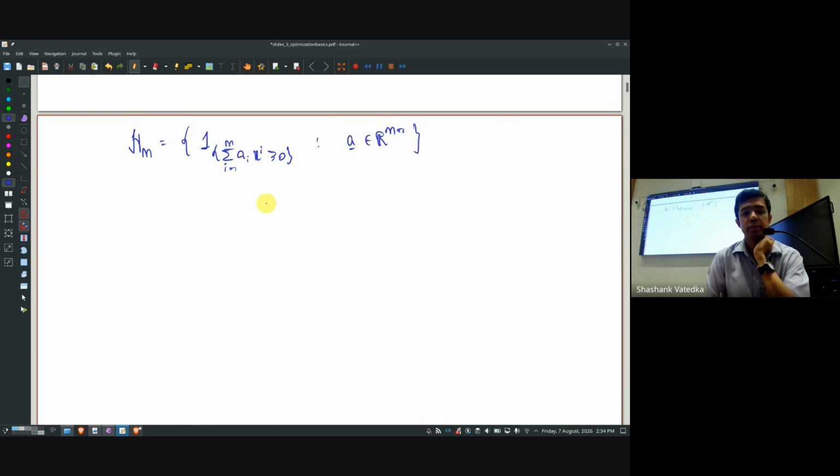So for this, I said that as m increases, the estimation error increases, but the approximation error decreases. Firstly, that the approximation error decreases should be fairly clear, because any smooth function can be approximated by a polynomial of sufficiently high degree.